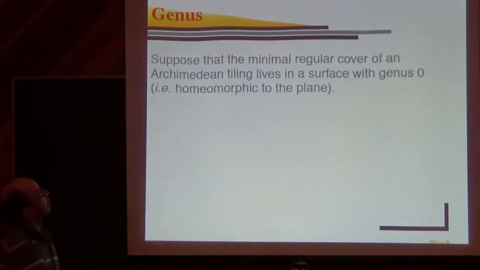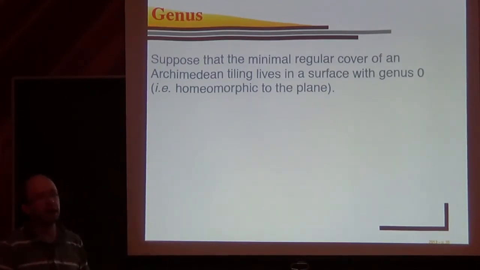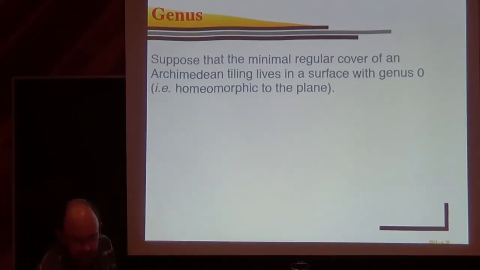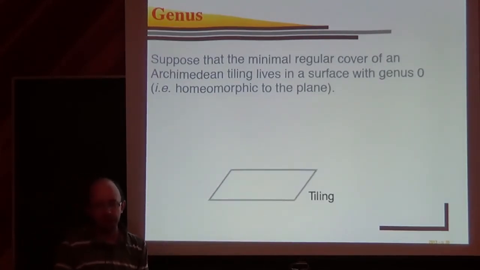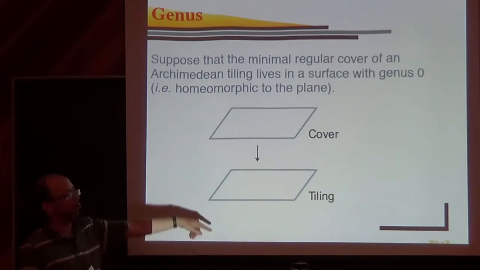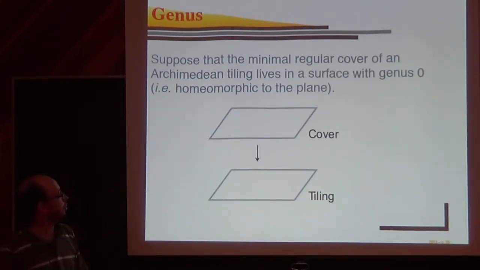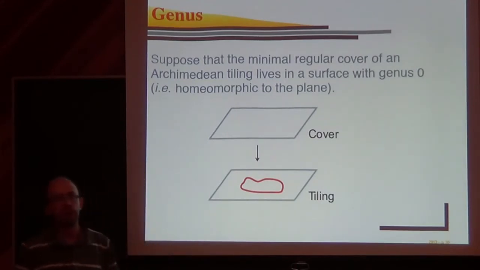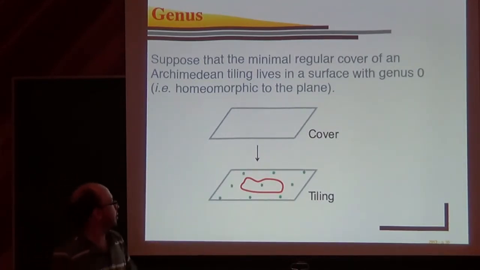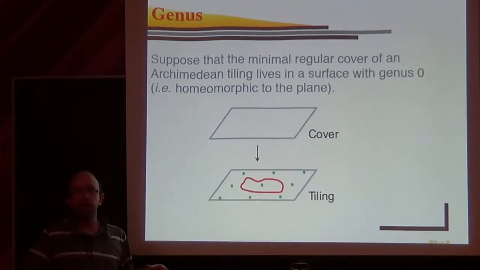Now we suppose that the minimal regular cover that has only one end doesn't have handles, so it has genus 0. That means it's homeomorphic to the plane. Then I start with the tiling in my plane. I have the minimal regular cover in something that looks like the plane, topologically at least. And then we just use basic topological arguments. So we find a closed curve in R2 that has branch points inside and outside of this cover.